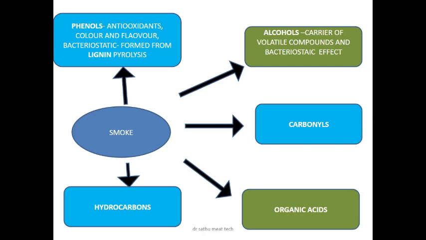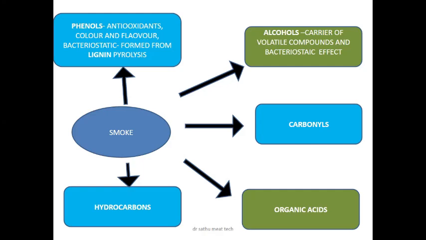Next is the alcohol: methanol or the wood alcohol, ethanol, or such types of alcohols are formed. Alcohols are carriers of volatile compounds, and they have a small bacteriostatic effect. Then carbonyl compounds. Carbonyl compounds mainly give color to the smoked meat. Then organic acids. Organic acids help in the formation of skin on the surface. For example, on a sausage, the surface has to become hard.